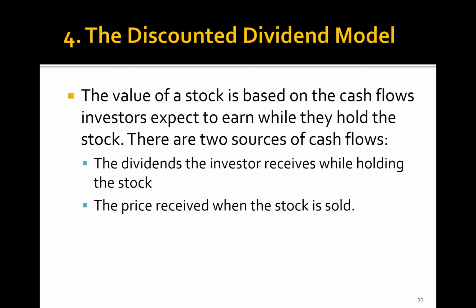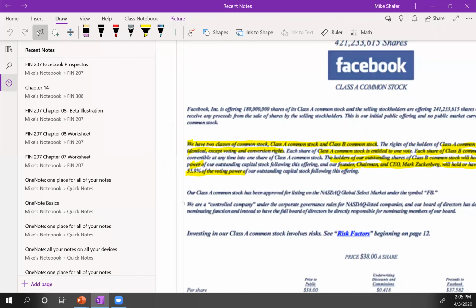In reality, when you hold a stock, there are two ways to get returns. The first way is by receiving dividends, and that's the basis of the model. There's also the price that you receive when the stock is sold.